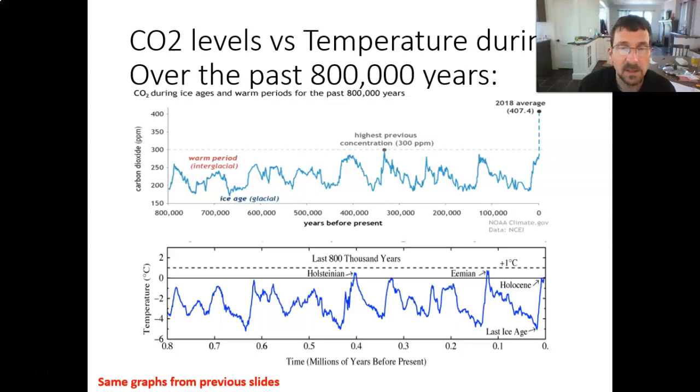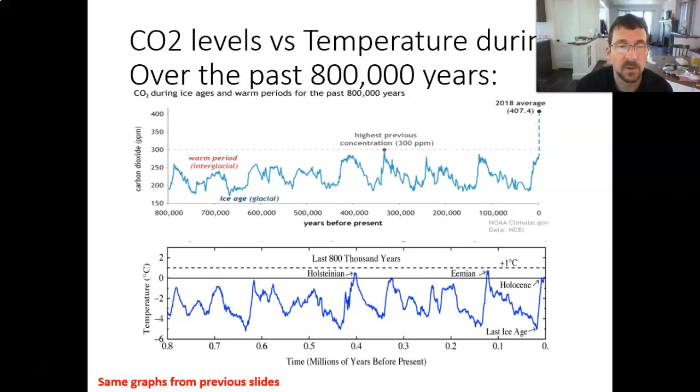Well, climate scientists have the tools where they drill into these ice cores and extract those little bubbles of atmosphere, and then can analyze the chemical composition of that atmosphere to look at levels of carbon dioxide and other gases in the atmosphere at that time.